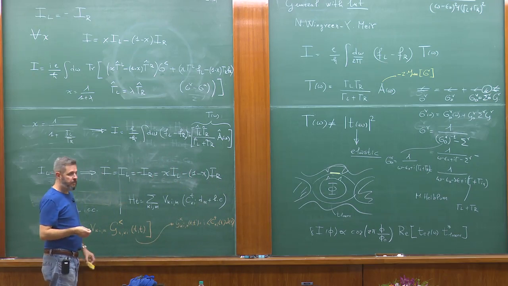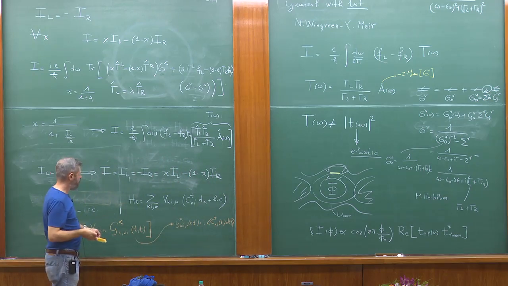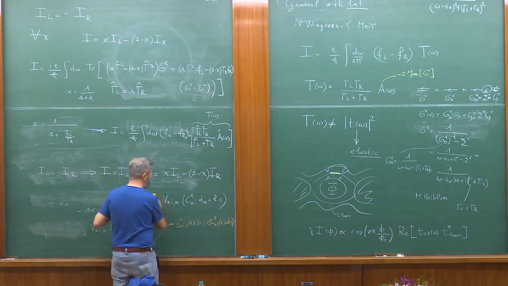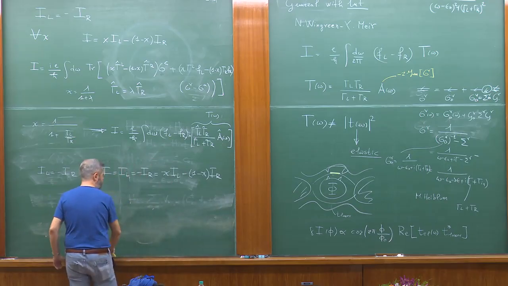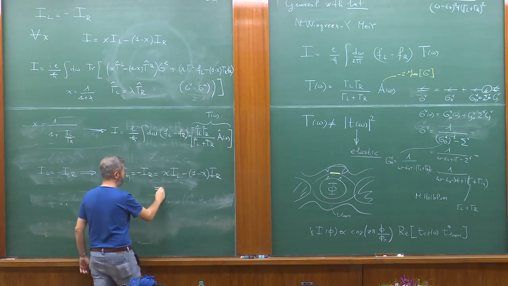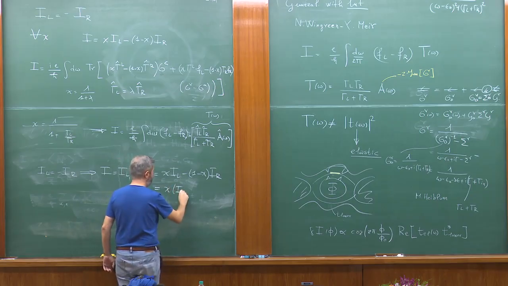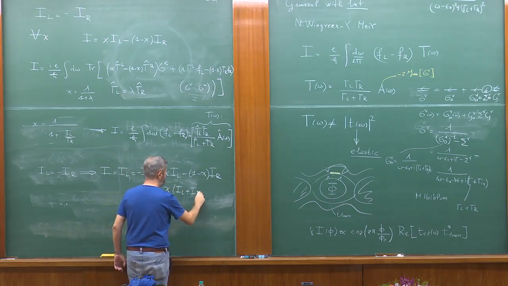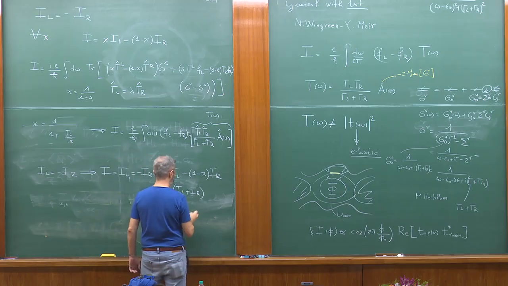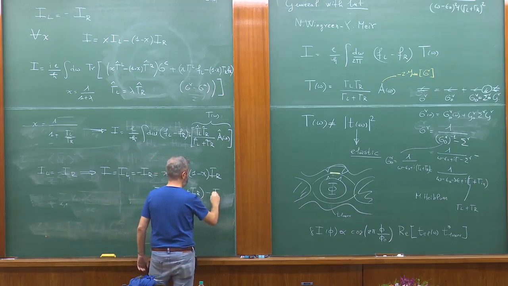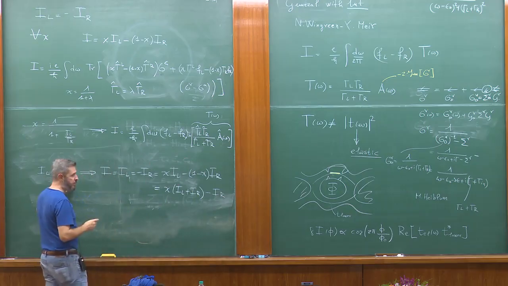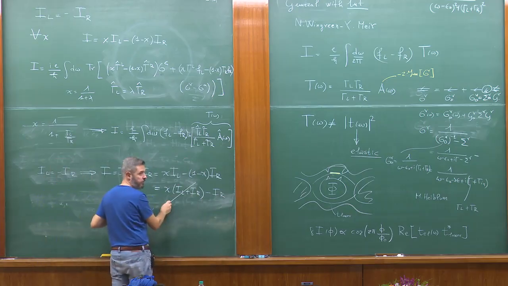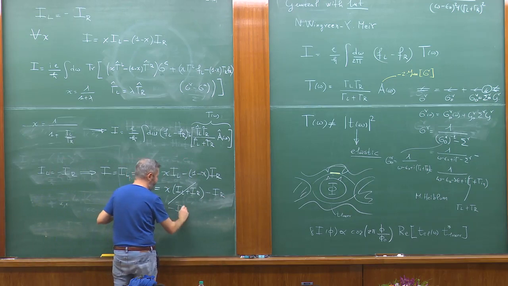The last line that you wrote, I don't understand. Which one? That x I left minus (1 minus x) I right. You don't understand this, but this is simple, right? This is equal to x times (I left plus I right) minus I right. But since I left is equal to minus I right, this is equal to 0, and this is equal to minus I right.